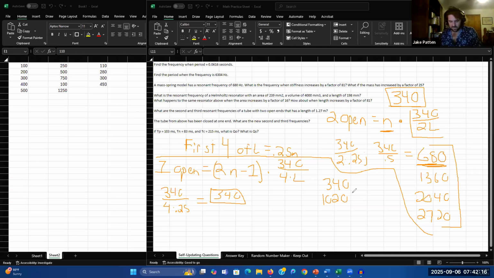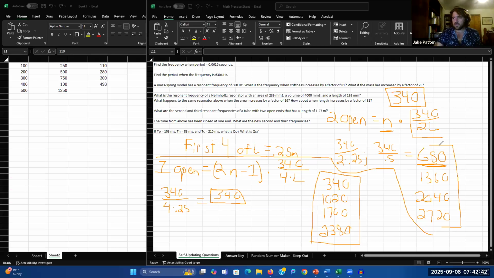So you're going to multiply 340 by 5, which is 1700. And then fourth harmonic is 2 times 4 is 8, minus 1 is 7. So 7 times 340 is 2380. So there's your answer for that.